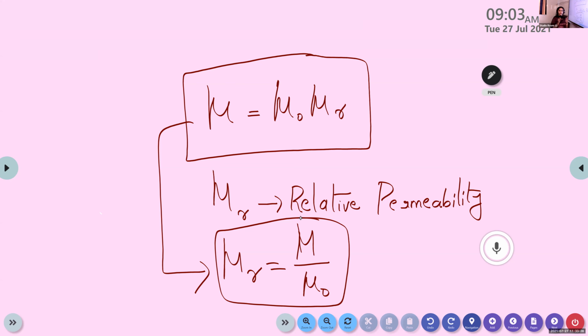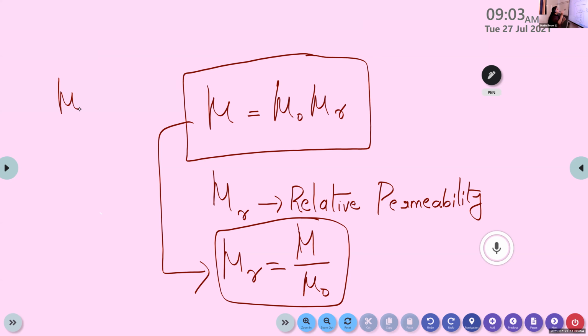So that's all about permeability. As its name implies, it is the ability of a material medium to allow the magnetic field lines to pass through it. It is represented by the letter mu. Mu is the permeability of the medium. Here we are not considering free space; we are considering the magnetic field lines passing through a material medium.